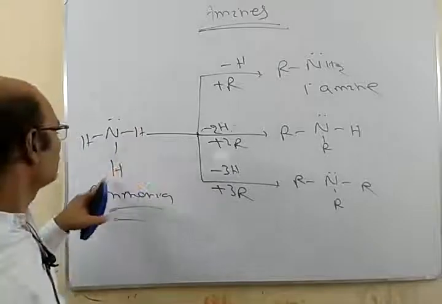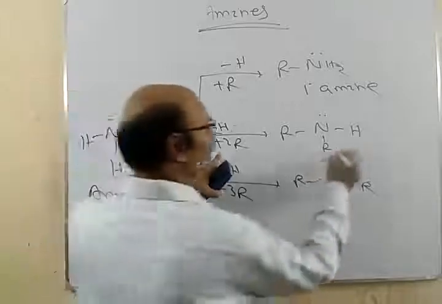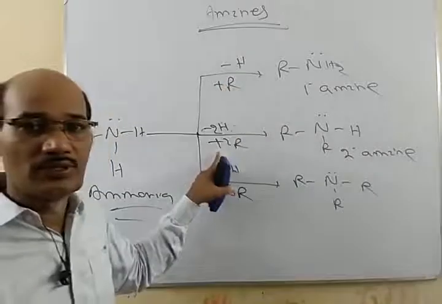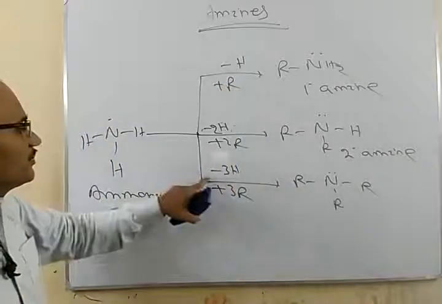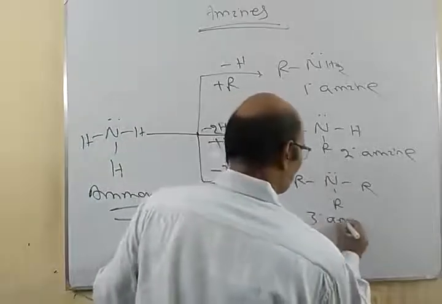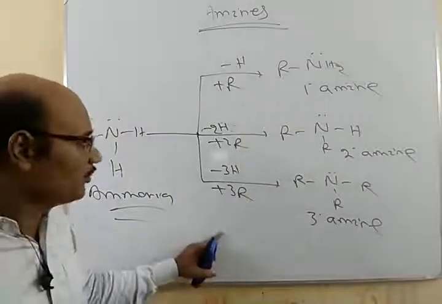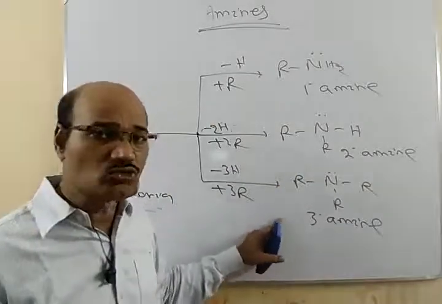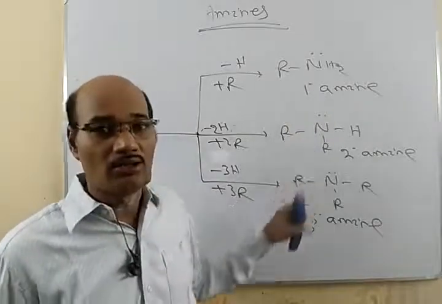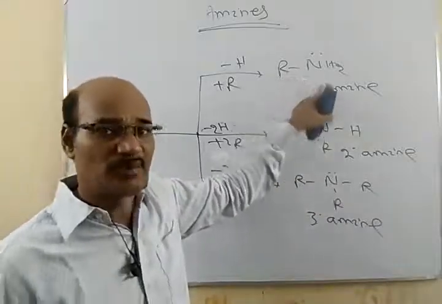Now when I replace two hydrogens with two alkyl groups, I get a secondary amine. And when I replace three H atoms by three alkyl groups, I get a tertiary amine. So depending upon the number of alkyl groups attached to the nitrogen atom, amines can be primary, secondary or tertiary. Only one alkyl group attached, RNH2, is the primary amine.